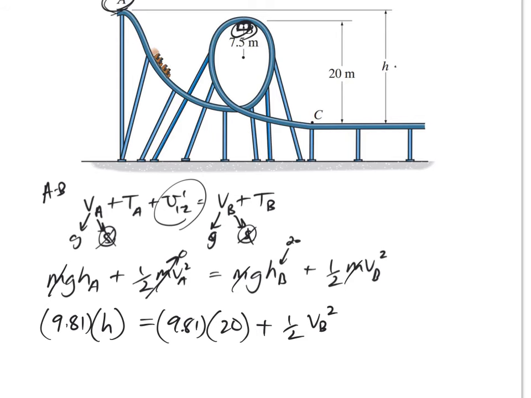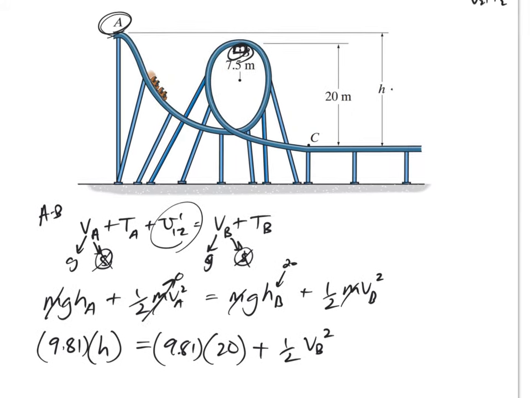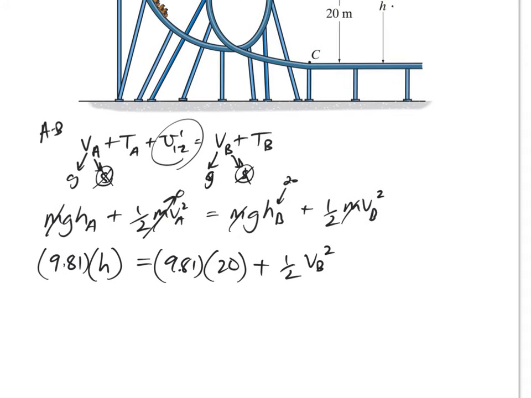It is not 0, okay? If it barely makes it up to B, it is not 0. But what do we know if it barely makes it up to B? Then I don't really have any more of that track pushing down on it at B. I don't have any of this normal force.